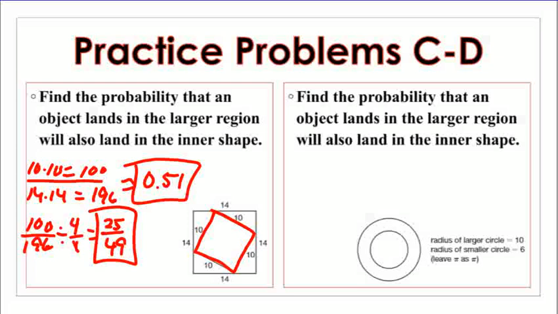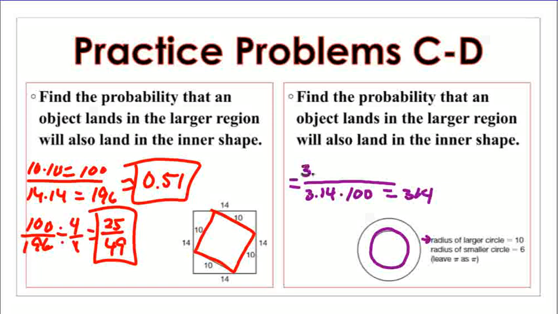Next one, find the probability that an object lands in a larger region will also land in the inner shape. So it has to land on the inner circle. So the area of the big circle, the radius is 10. It tells us right here the radius is 10. So we have 3.14 times 100, and that gives us 314 in the numerator.